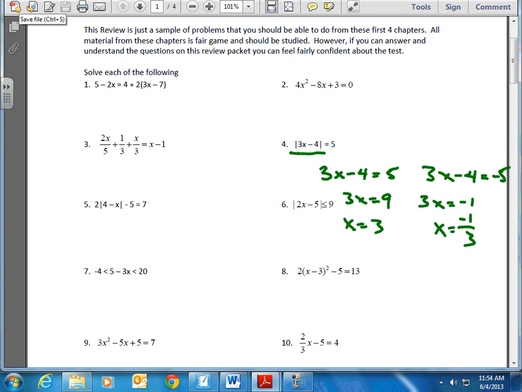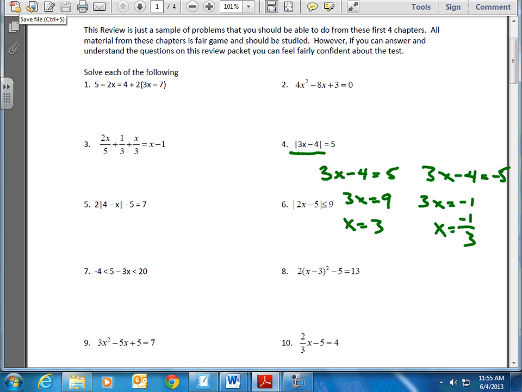Two answers for the majority of the absolute value questions. To eliminate the absolute value, you split it into two equations: what's inside equal to 5, and what's inside equal to a -5. Take the negative and the positive of what it's equal to.